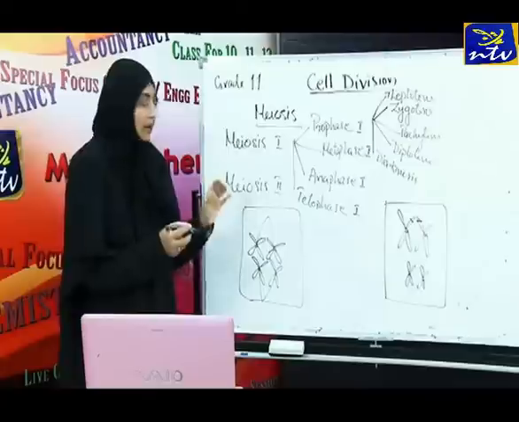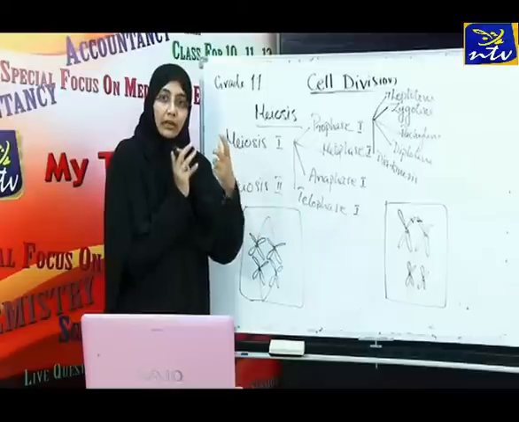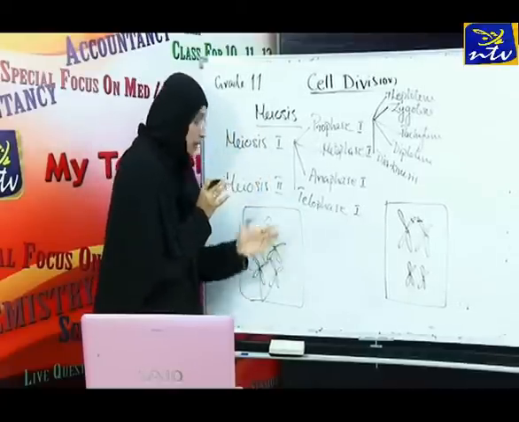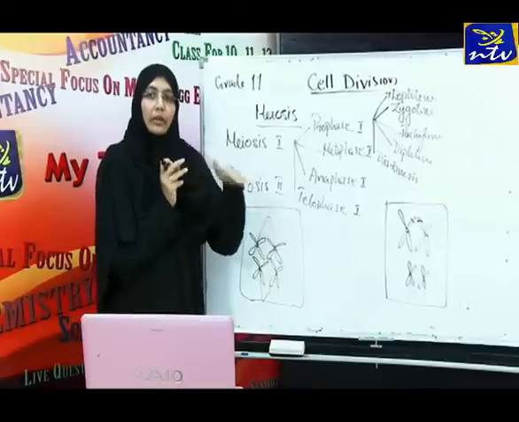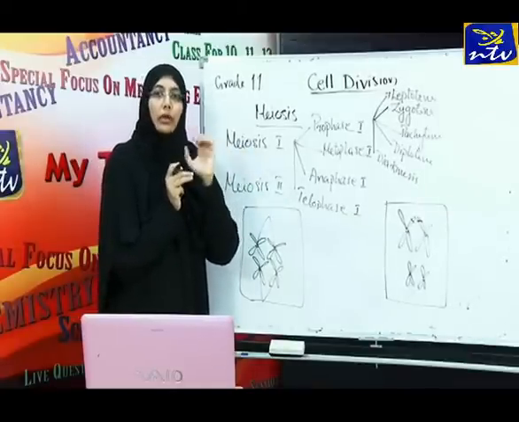So remember that in anaphase of mitosis the centromere breaks and the chromatids are separated, but in metaphase 1 we can see that homologous chromosomes are arranged in the equatorial plane.